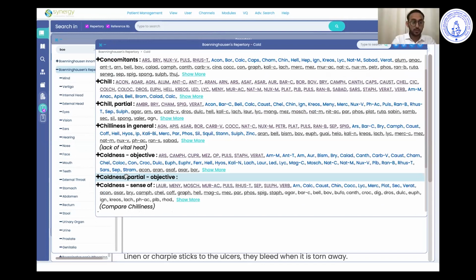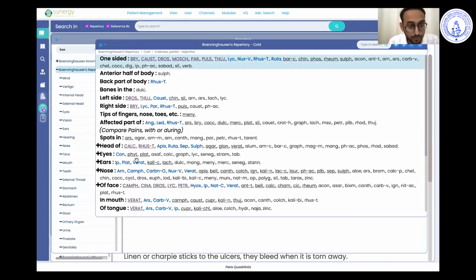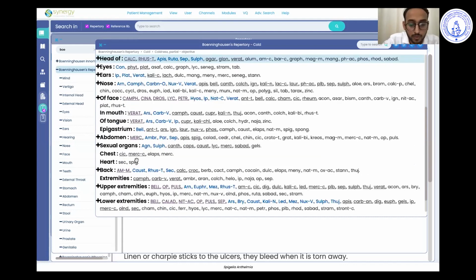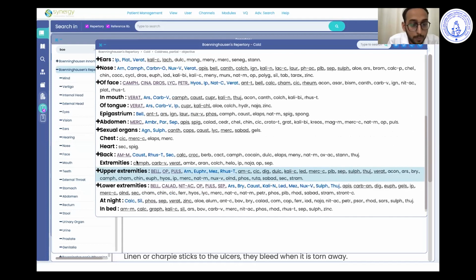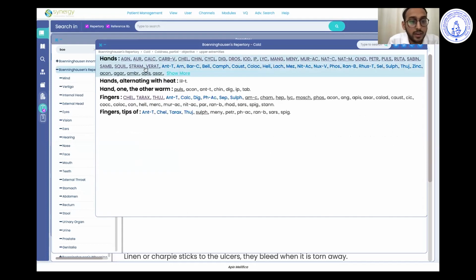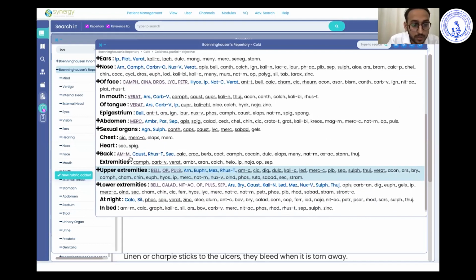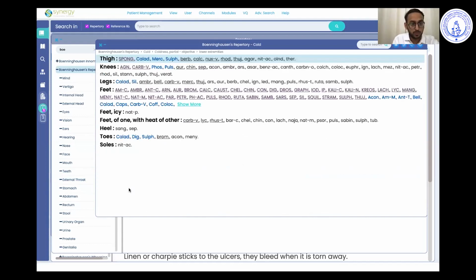But on examination, what we got was coldness of the hands and feet. So we'll take coldness partial objective: upper extremities and hand, and also lower extremities, where the feet were cold.